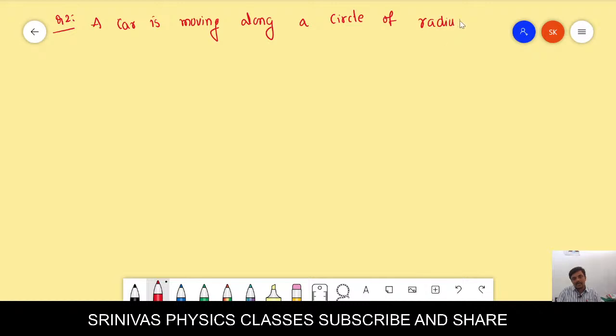Question number 2: a car is moving along a circle of radius 7 meters.